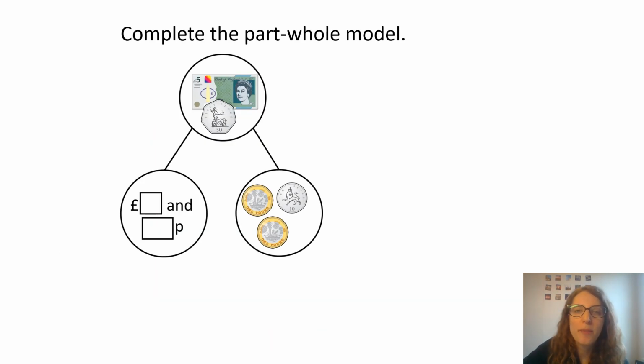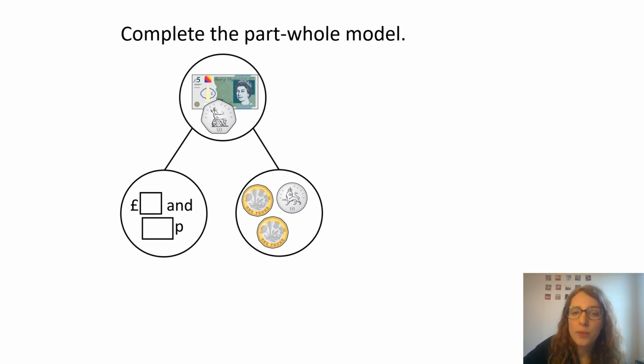Okay, so we have a part whole model here. We've got the whole amount at the top, which is a £5 note and a 50 pence coin. And then we've got one part, £2 and 10 pence. So we need to work out what we add to that £2.10 to make £5.50.